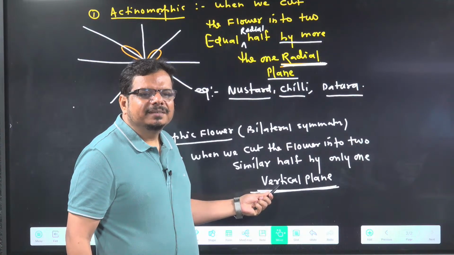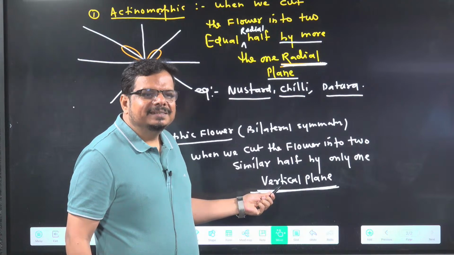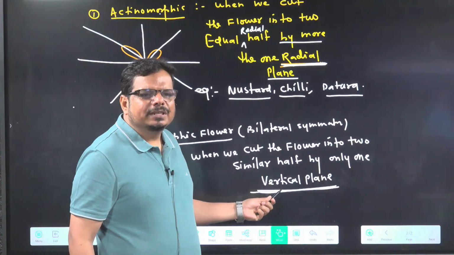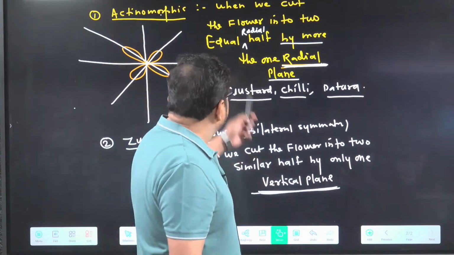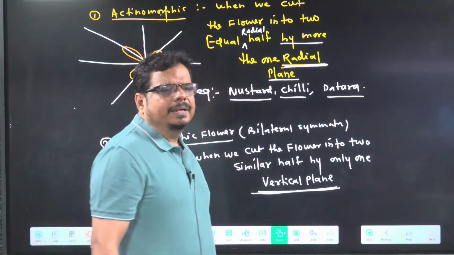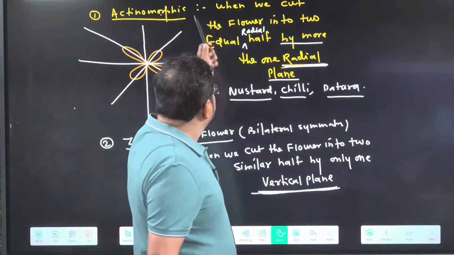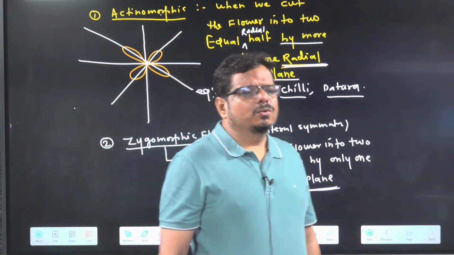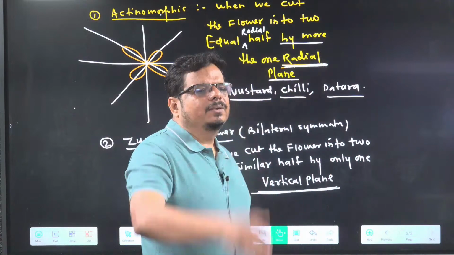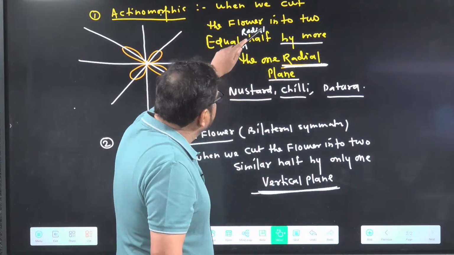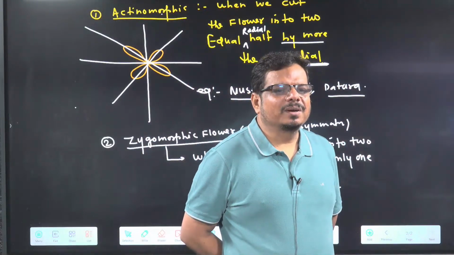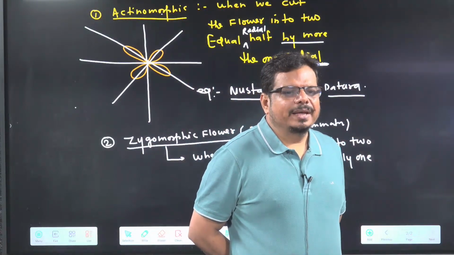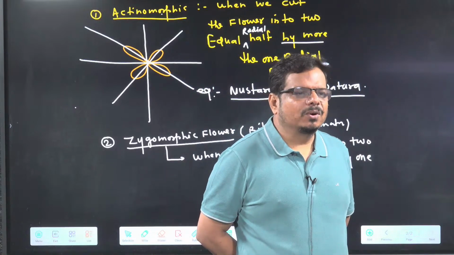The answer becomes wrong. Understanding the idea? Which is which plane? Vertical plane. It is which plane? Radial plane. Here they will ask, when we cut the flower into two equal halves by more than one vertical plane, the statement becomes wrong. Understanding the idea? So this is where we need to be careful. You got the idea?